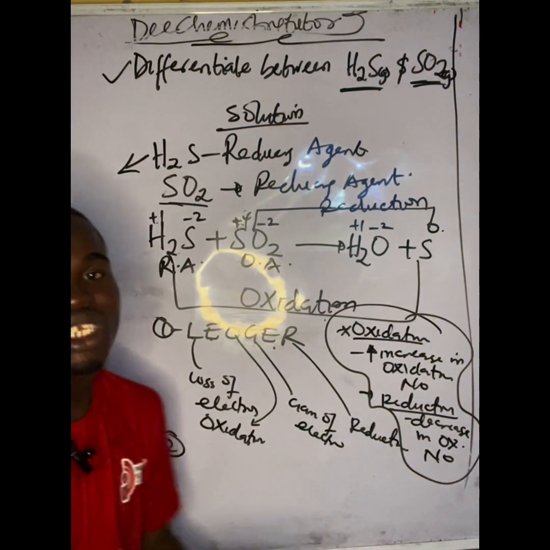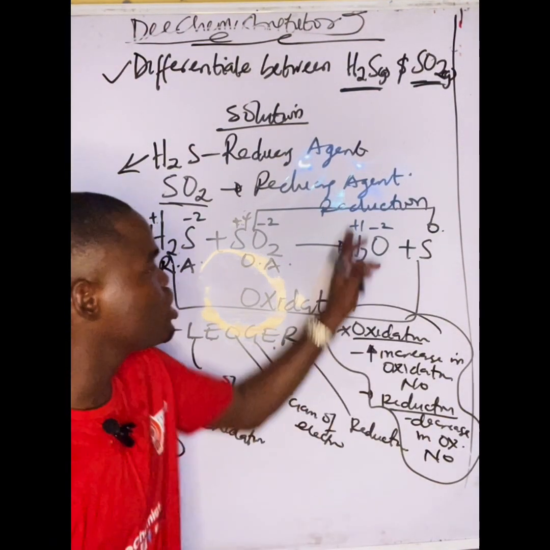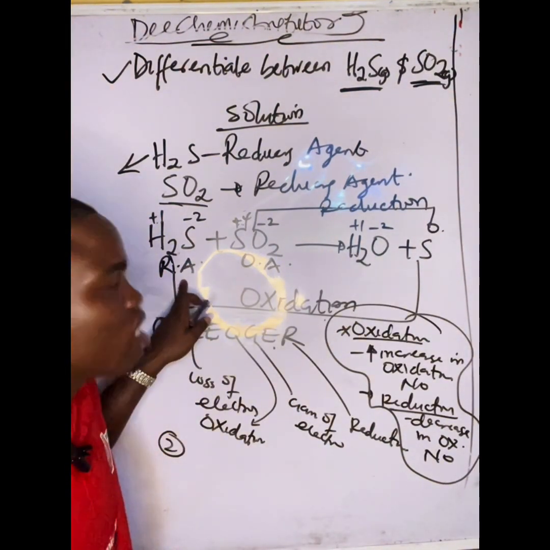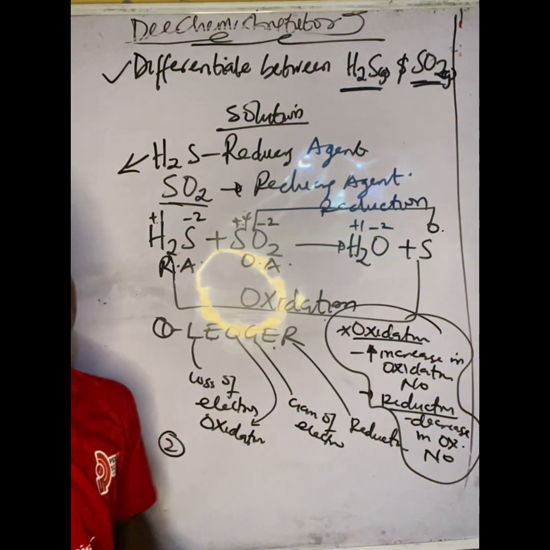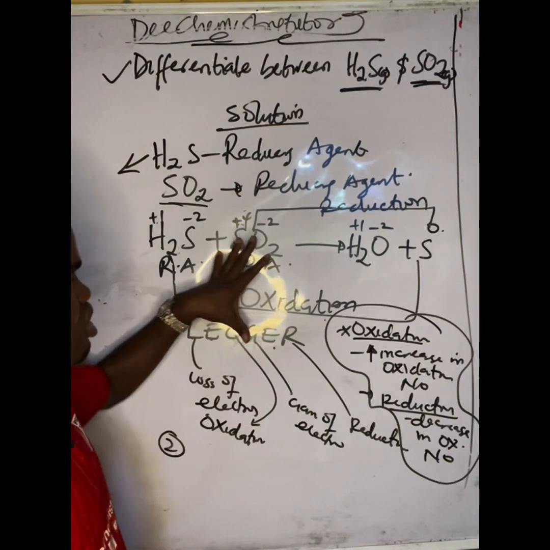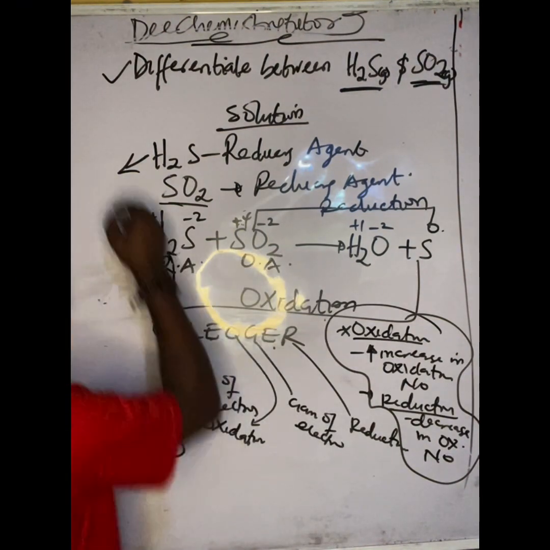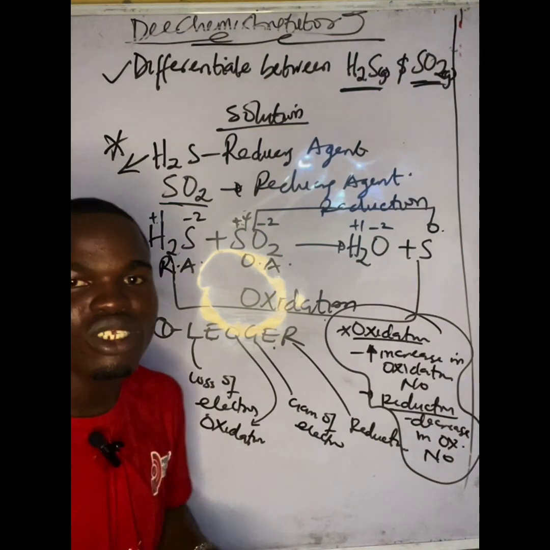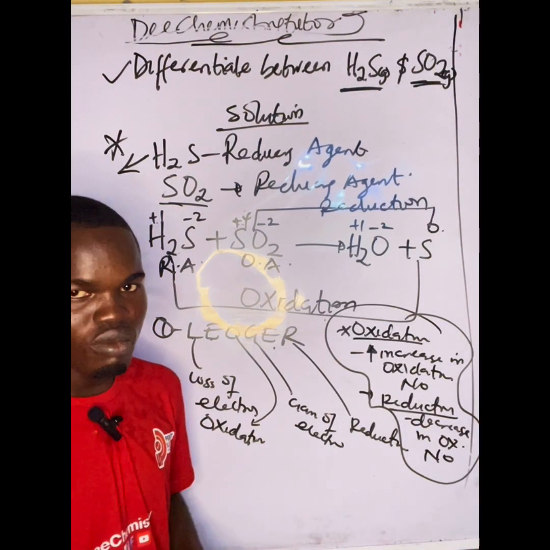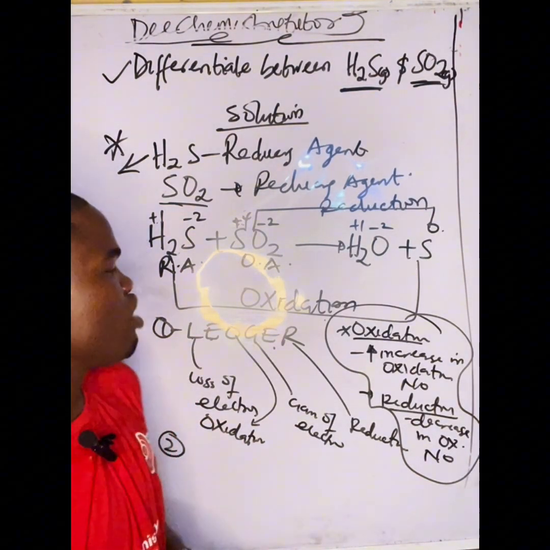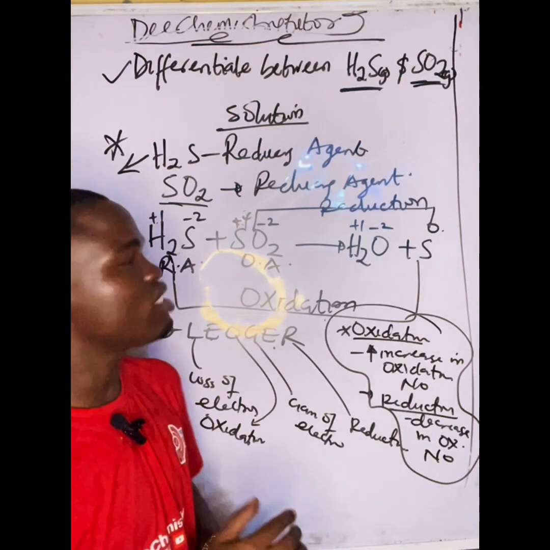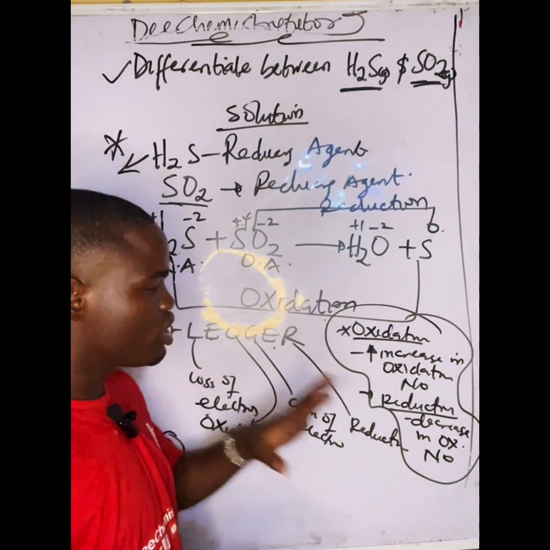If you ask me SO2, what is it? It's a reducing agent. But in the presence of a very strong reducing agent, it becomes an oxidizing agent. This is a very, very important concept. So this is like me giving you an insight towards redox reaction. So this explains redox. Take note of that.